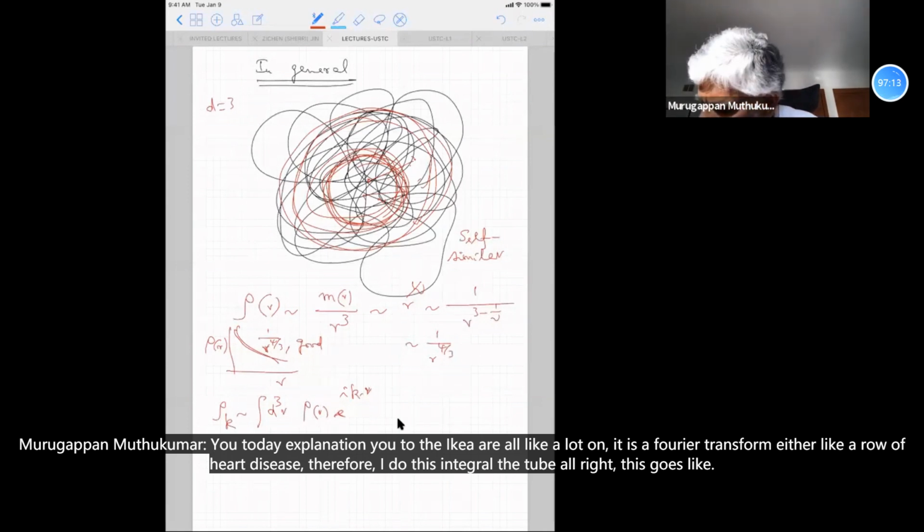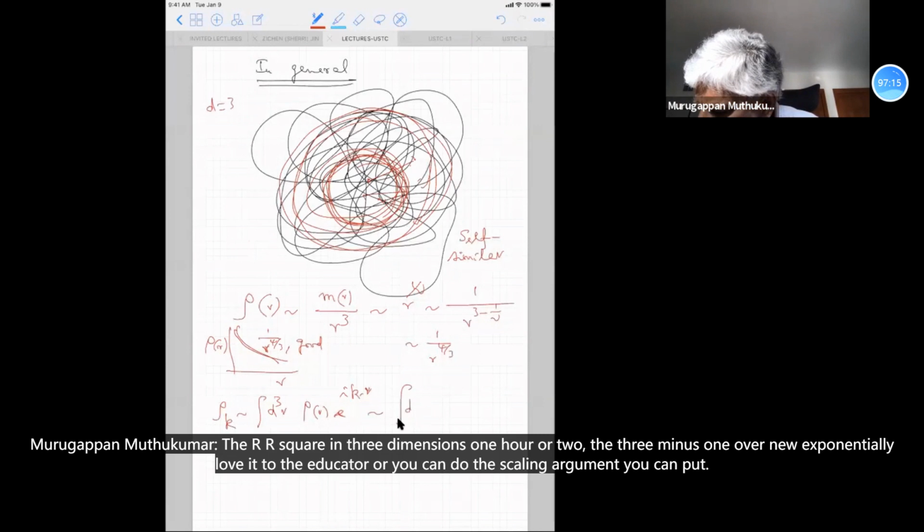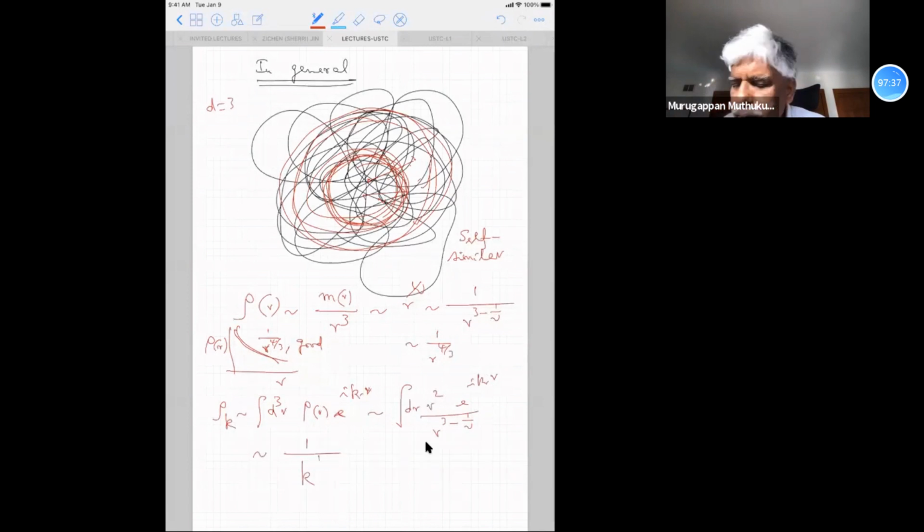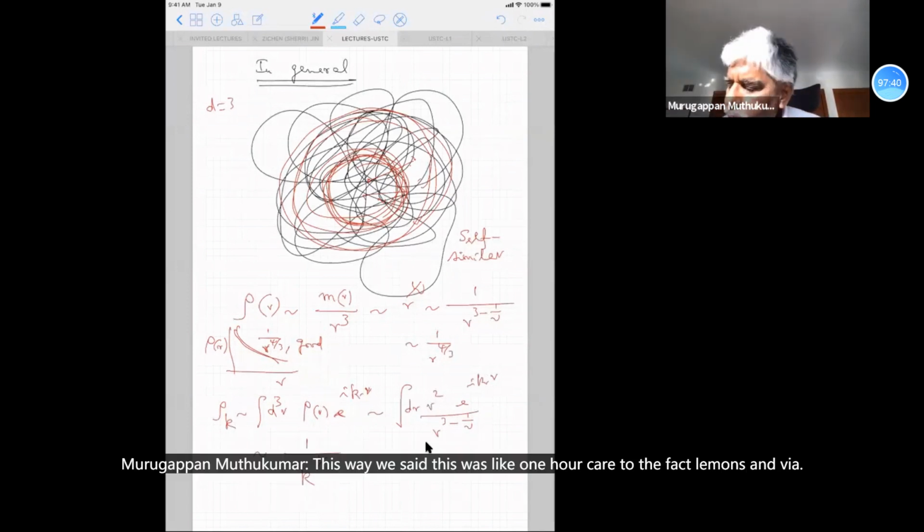This goes like dr r squared in 3 dimensions, 1 over r to the 3 minus 1 over nu, exponential of ik dot r. You can do the scaling argument. Since k dot r comes in here, I can write this, but you can do the integral. If you do this, this becomes 1 over k to the 1 over nu. This is why we said this goes like 1 over k to the fractal dimension df.